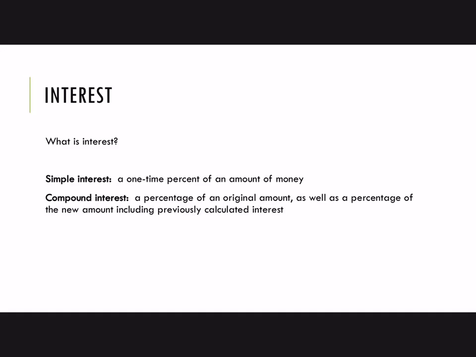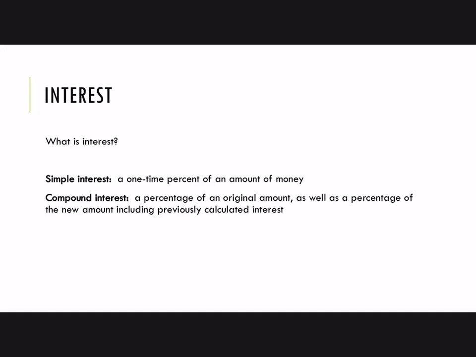Some people purchase things like computers or washers and dryers using financing, and you're able to take that item home right away and pay some interest for being able to pay for that in installments.